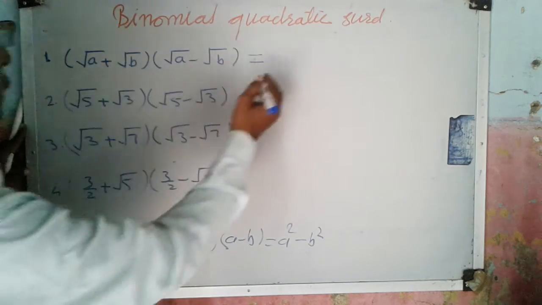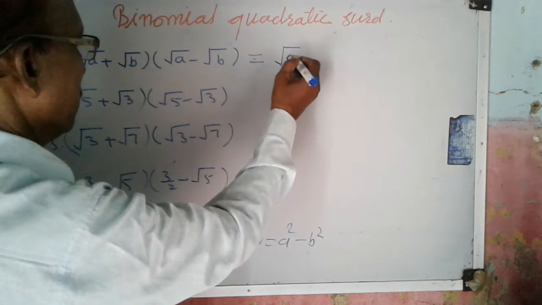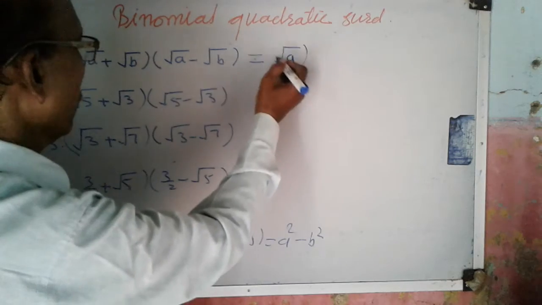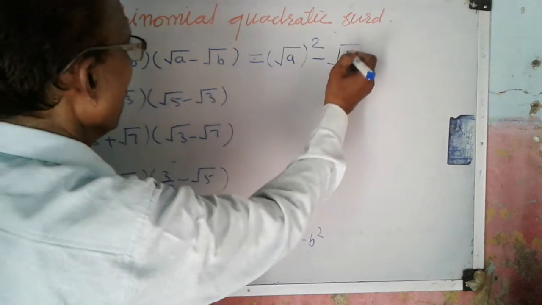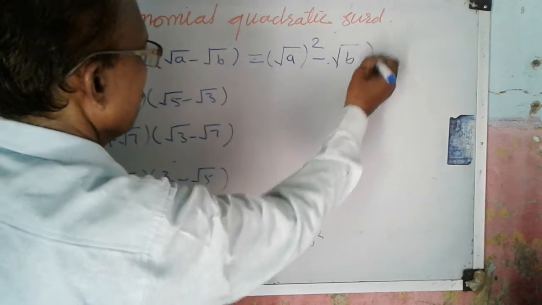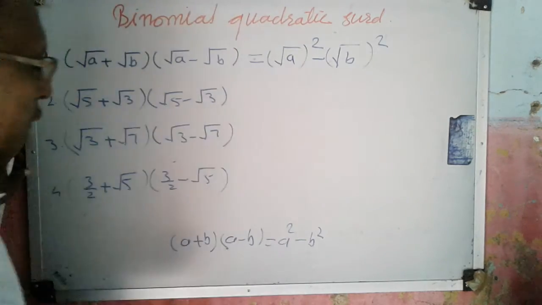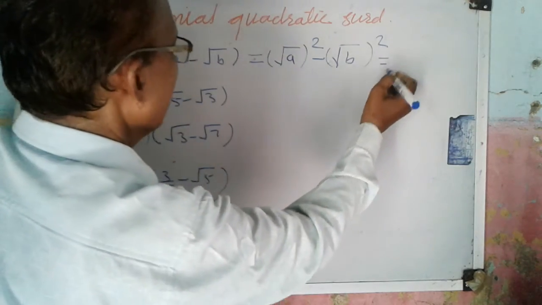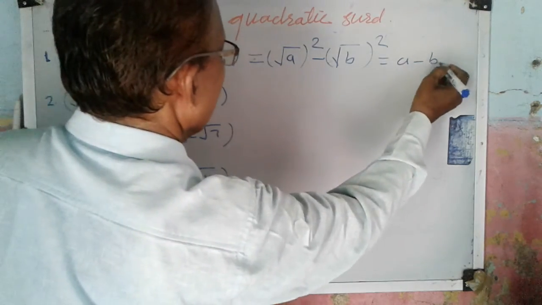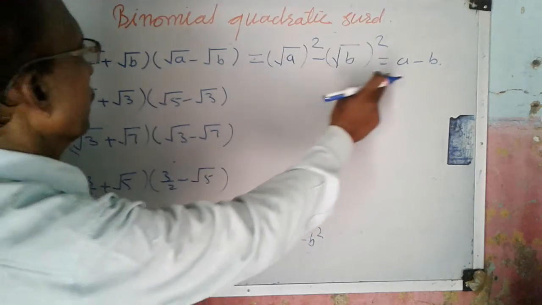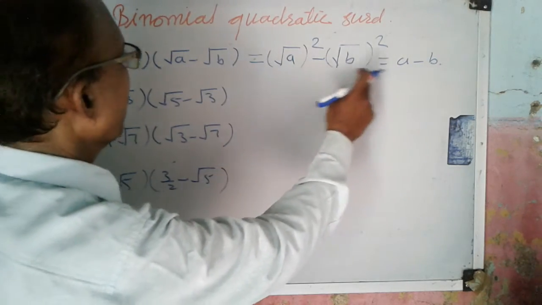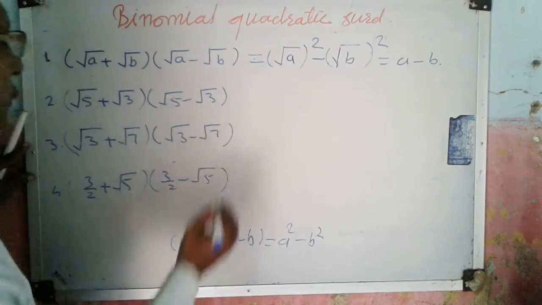That means according to this formula, root a square minus root b square, that is equal to, square of root a is equal to a, square of root b is equal to b. That means a minus b.